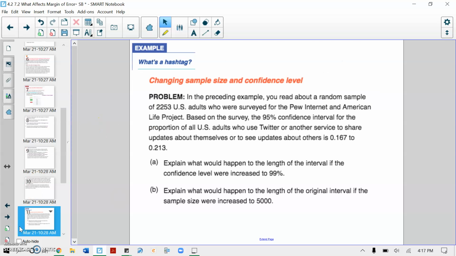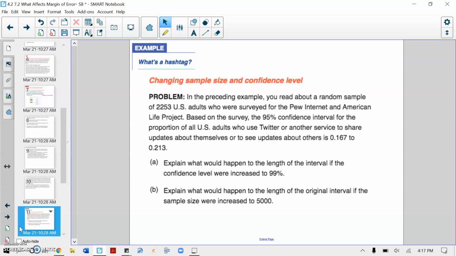So, for example, let's do this question together. In the preceding example, and I know it says preceding, we didn't actually do this example, but it gives you all the information anyways. You read about a random sample of 2,253 U.S. adults who were surveyed for the Pew Internet and American Life Project.